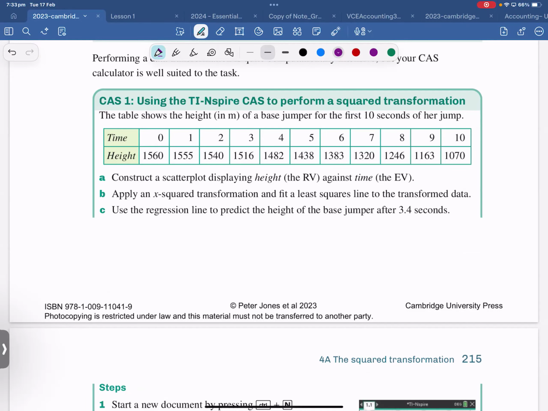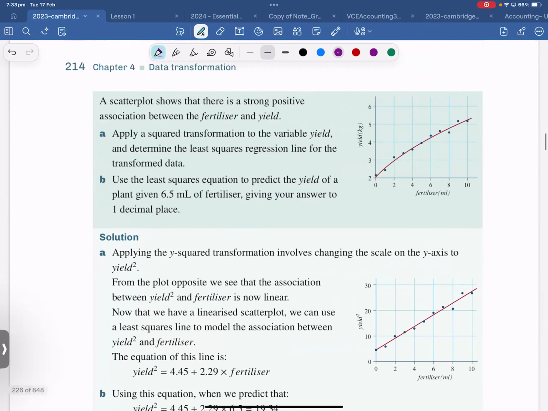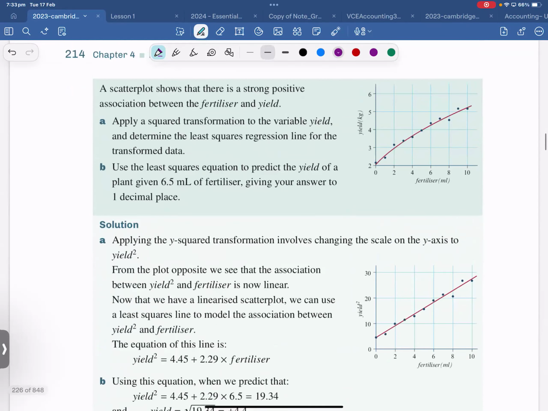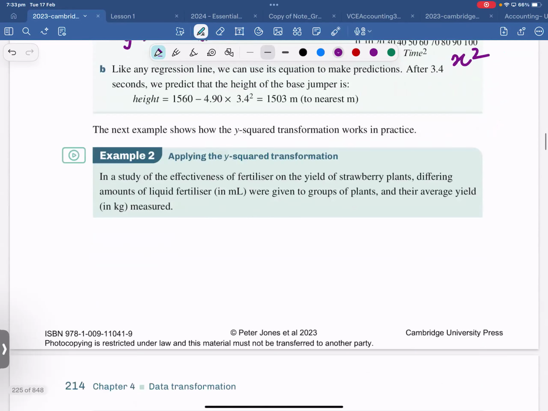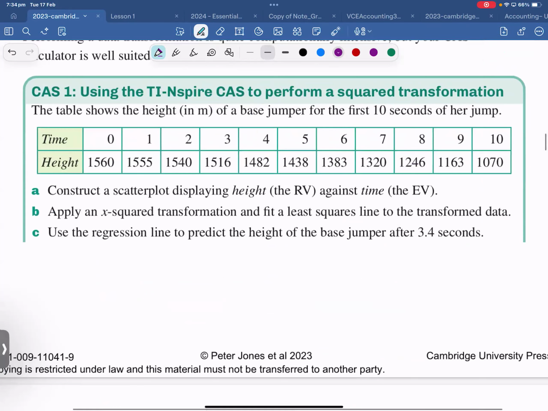Okay, guys. Now, how do you construct the x squared and the y? Firstly, you don't have to do anything new. You have to enter the data as given. These are the values given. Time is x, height is y.